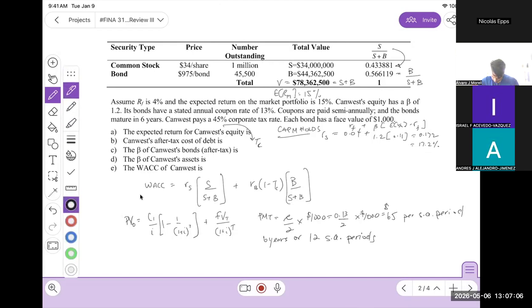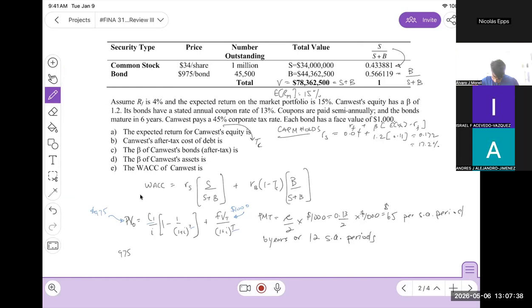So I have this and I have this. And what's the face value? 1,000. And what's the price? 975. So let's put it all together to get EPR 1/2.